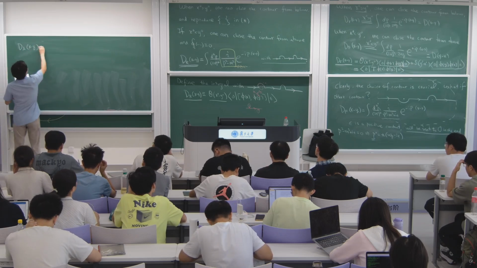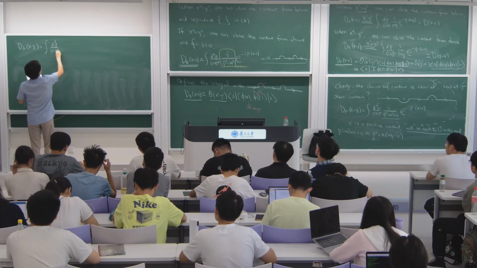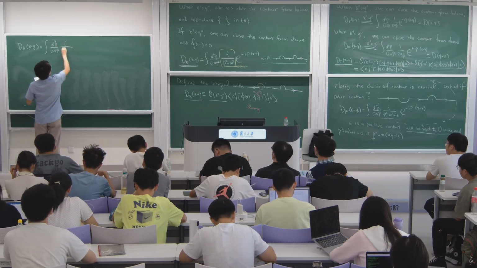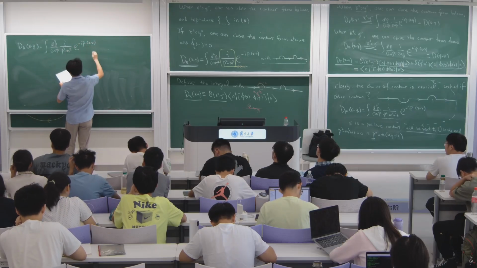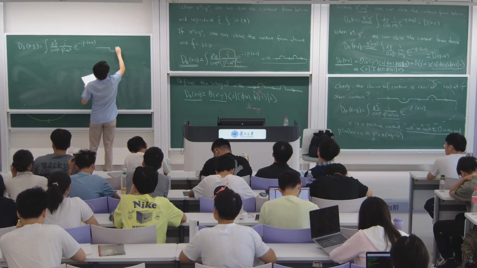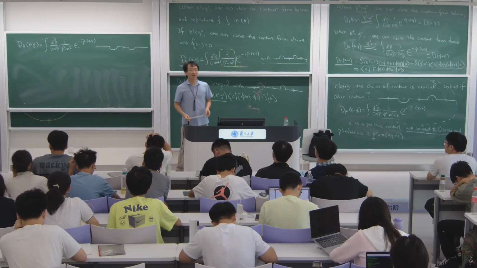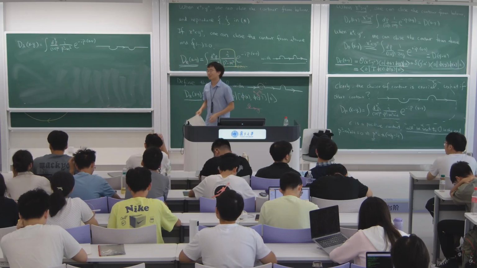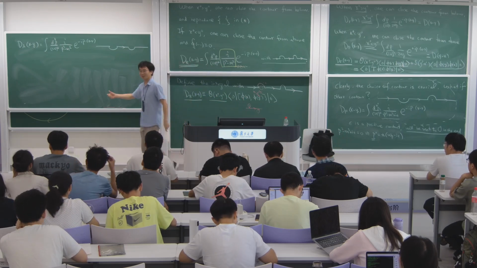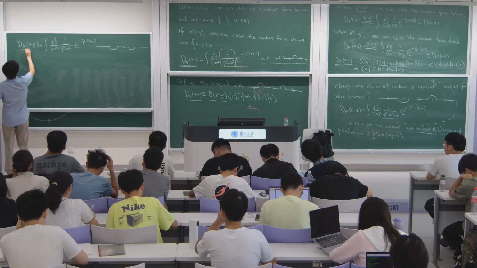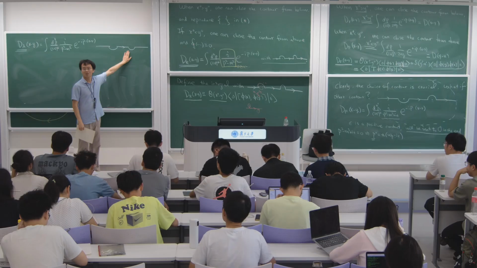For this one, we define it this way. This is dA. A means advanced. This is the retarded picture, and this is advanced. This is the advanced correlator of the Green's function, essentially defined using this contour.